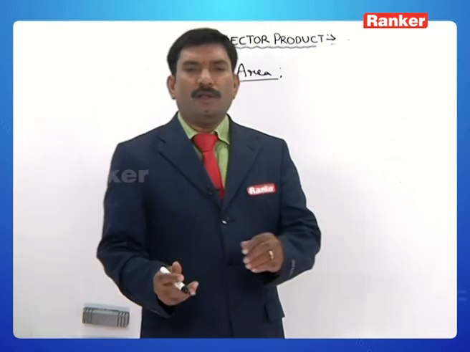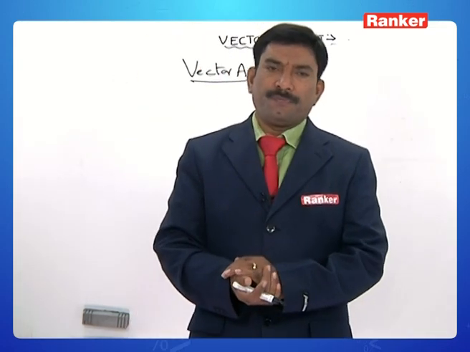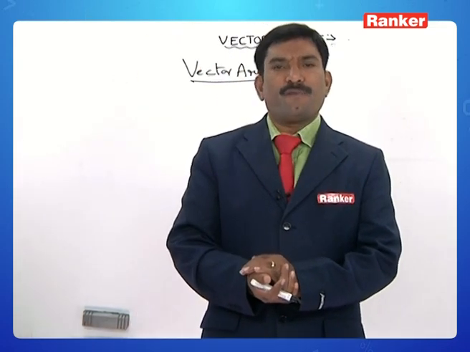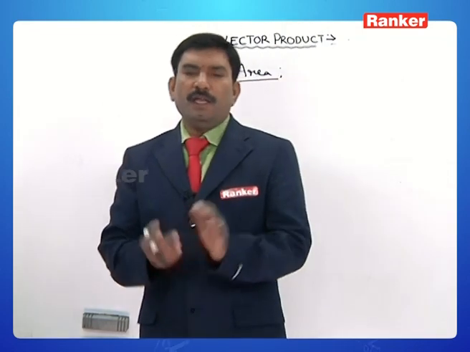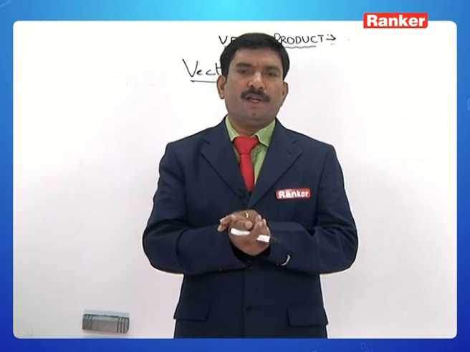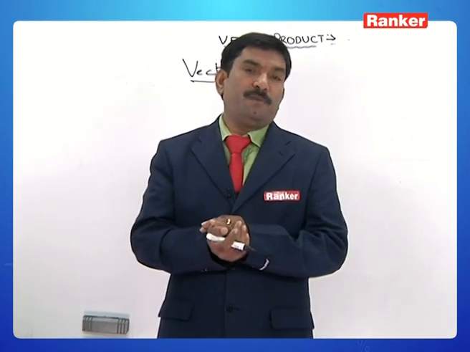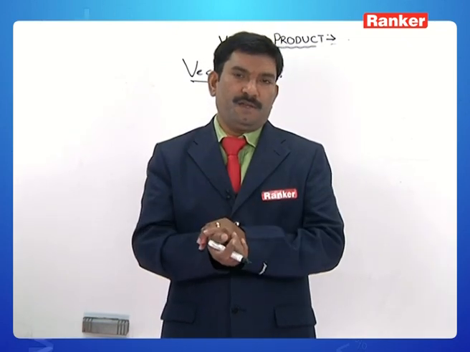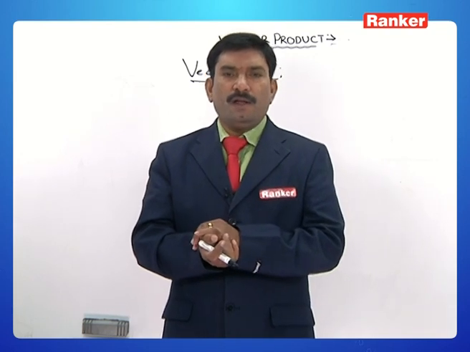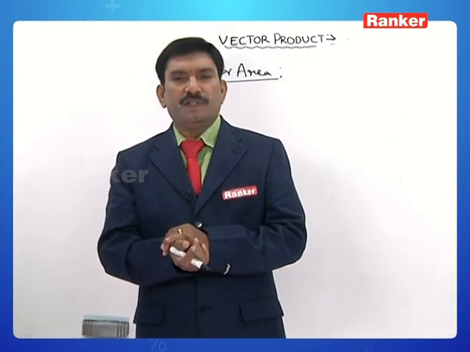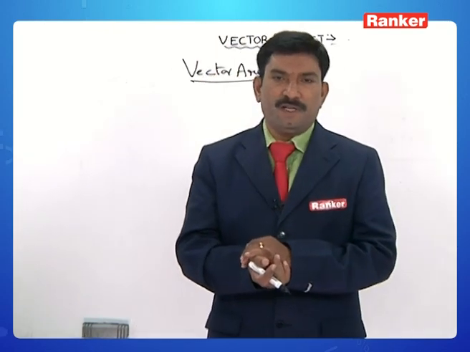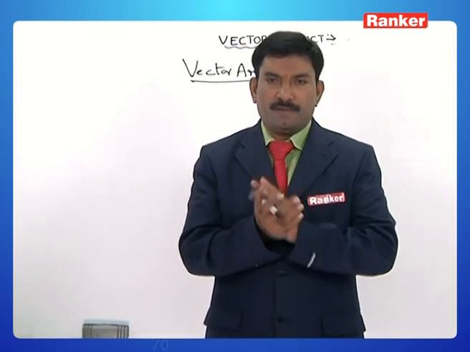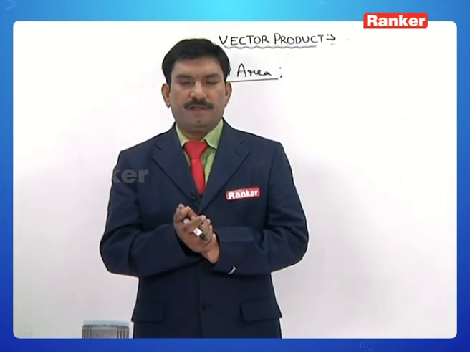Now, let us discuss vector area. In the geometrical interpretation of cross product or vector product, we come across the area of a parallelogram with adjacent sides A bar and B bar as modulus of A cross B. Meanwhile, the area of a triangle with sides A bar and B bar is half into modulus of A cross B. Those two were scalar areas.